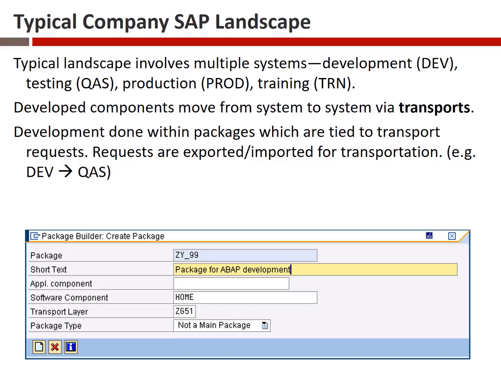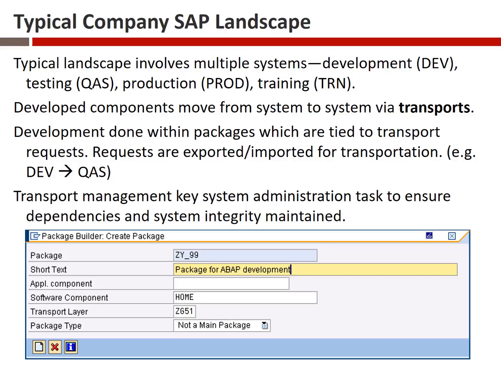And so we have a lot of administrative control that comes from these transports. Transport management is a key system administration task to make sure that I always have system integrity.